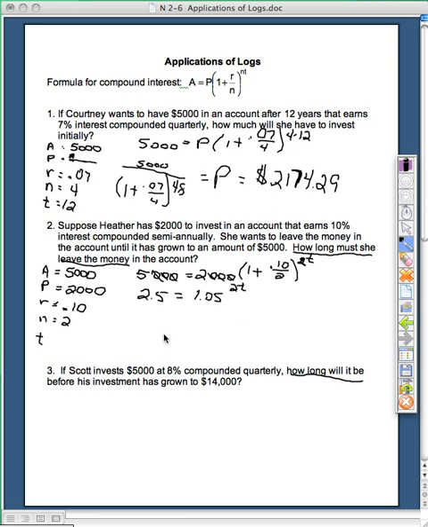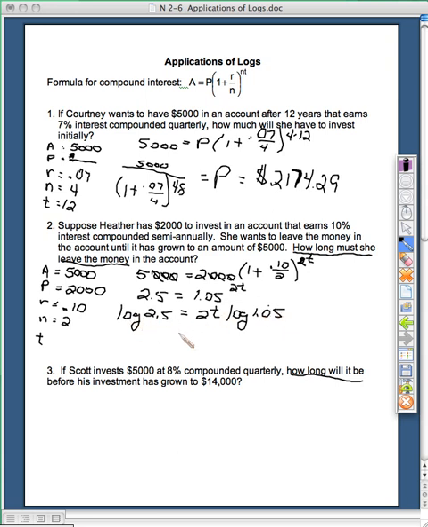Okay. Now we're going to take the log of both sides. This is that example A that we did in 2.5 where we don't have any logs. So you're going to say the log of 2.5 is equal to 2t times the log of 1.05.